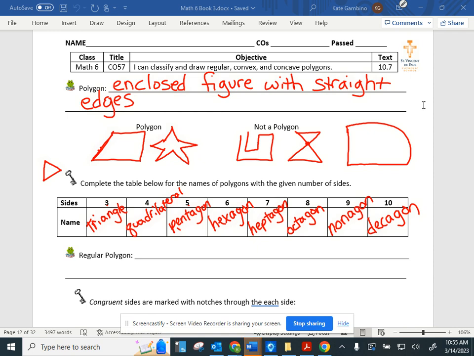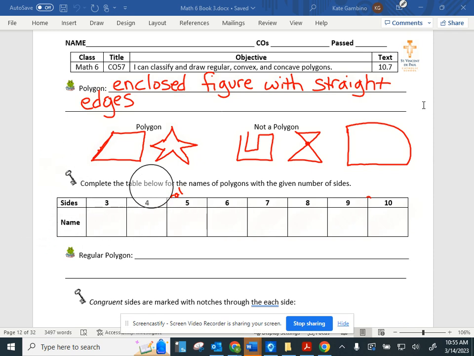You're going to want to write this table on your help sheet. You will need to know these names for the test. If it says draw a heptagon, you need to know that you need 7 sides. You can draw this table on your help sheet. These words will come back to haunt you. You need to know them.